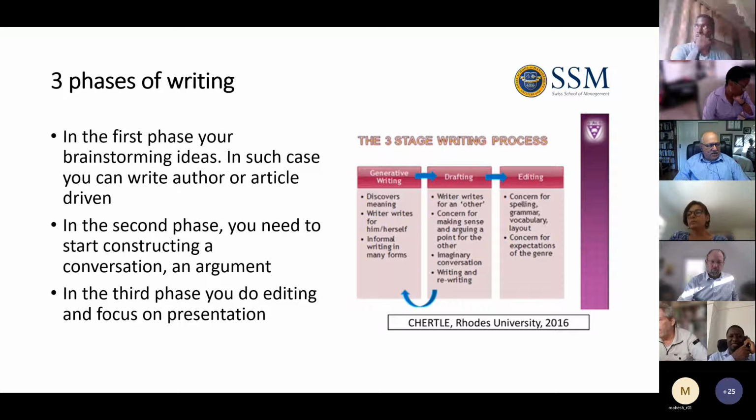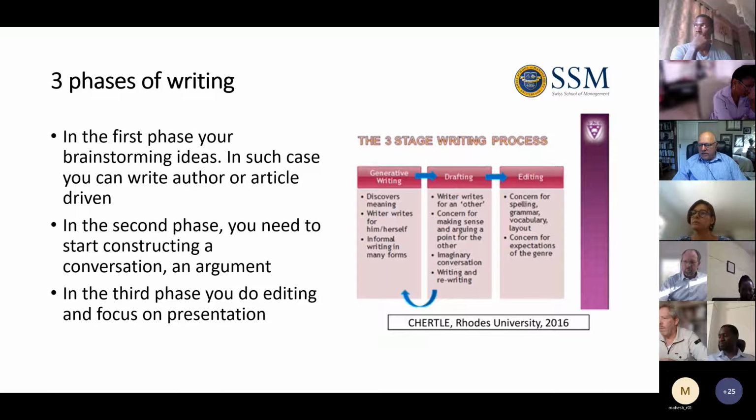Yes. I think this is where you take the writers, the sources when you do your literature review, and you put them in an imaginary conversation. You'll say, Robert Goedegeburen said this and this and this.